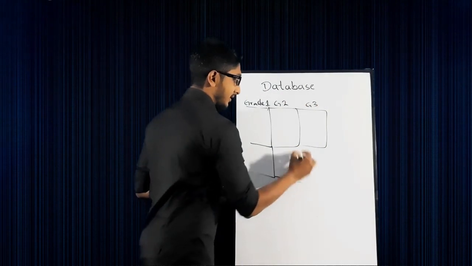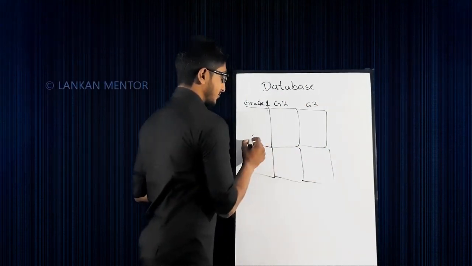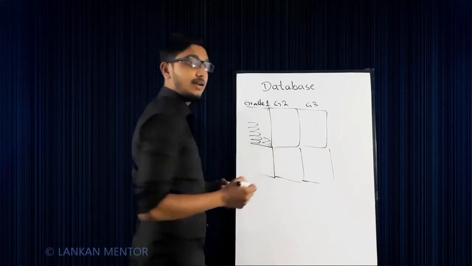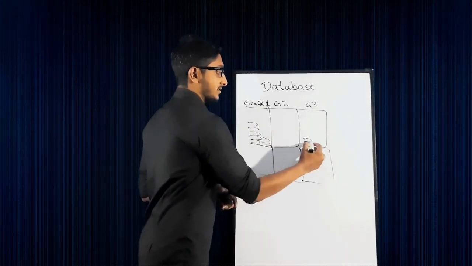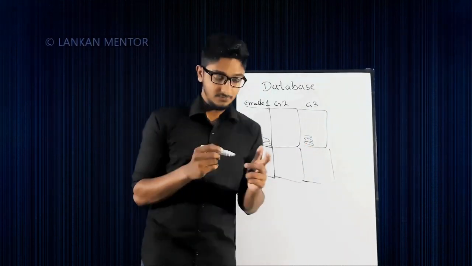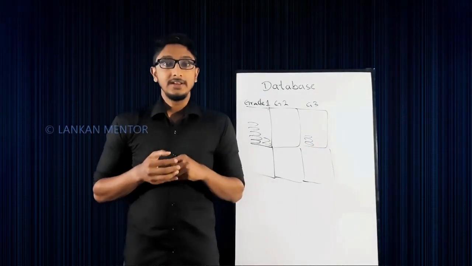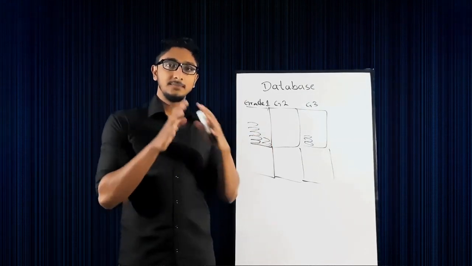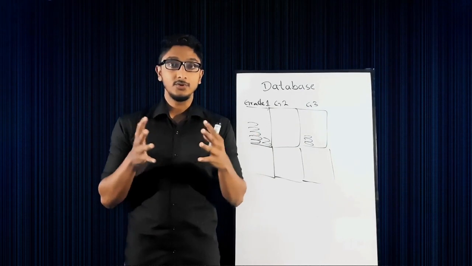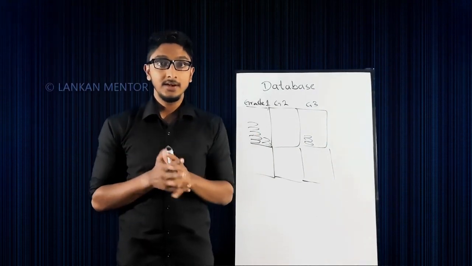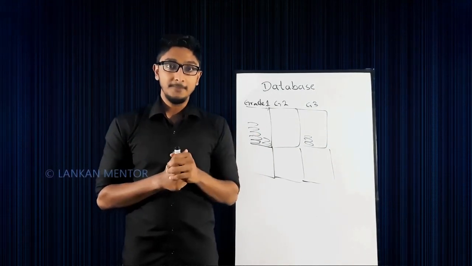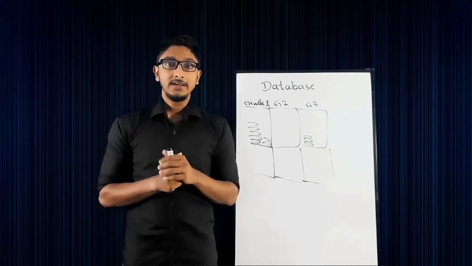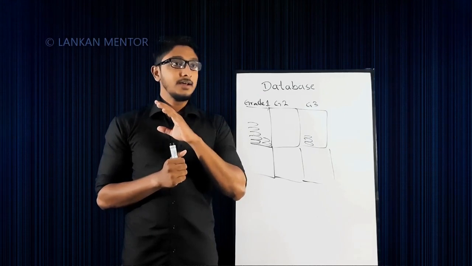Just like that, you can separate and then store files. If you store your data in a methodical way, then you can retrieve that data methodically as well, right? Retrieving is also easy and efficient.